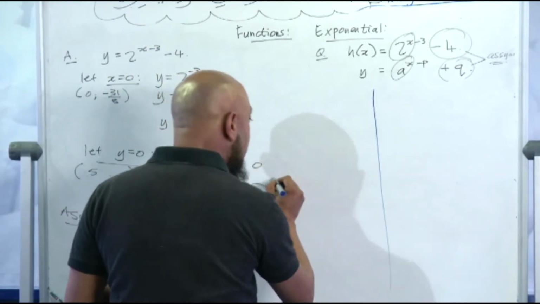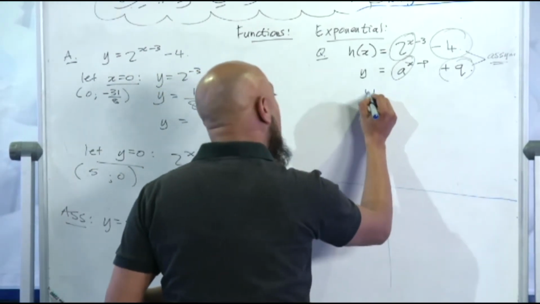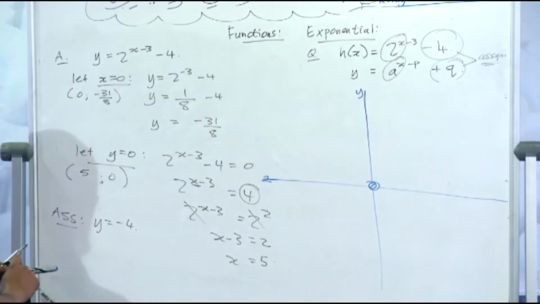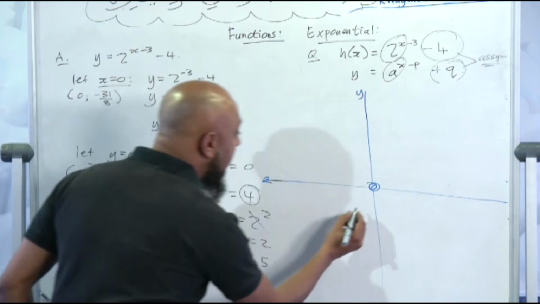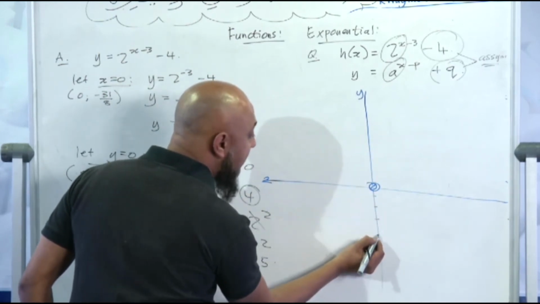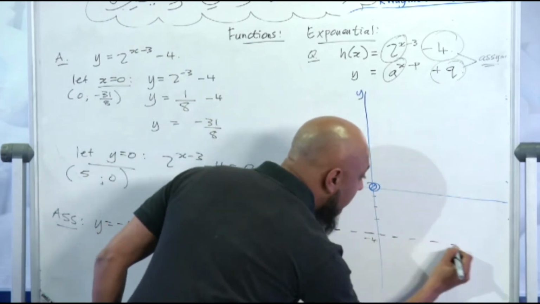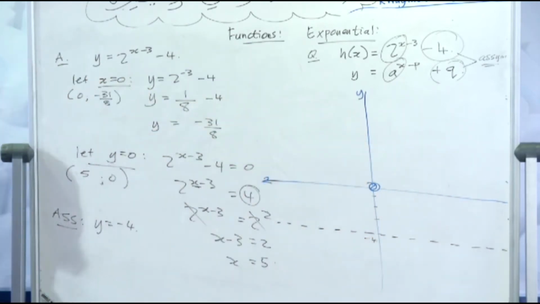So there's our Cartesian plane, y-axis, x-axis, that is 0 there in the middle. Your asymptote y is equal to minus 4: minus 1, minus 2, minus 3, minus 4. We put a dotted line going through minus 4. That is your q value, that is your asymptote.